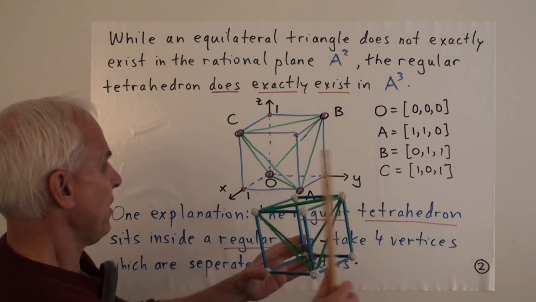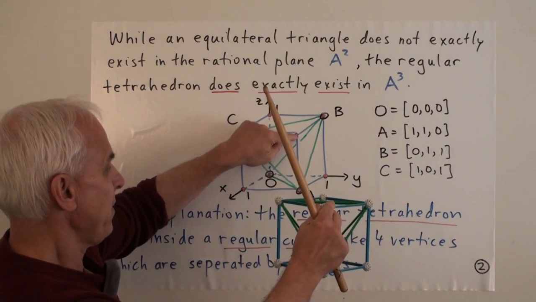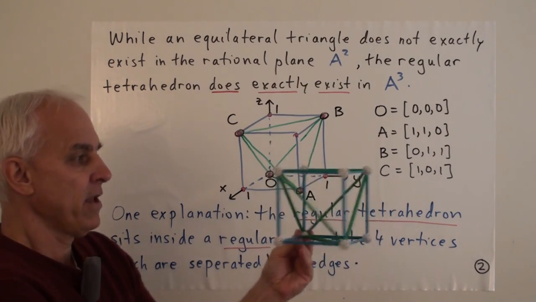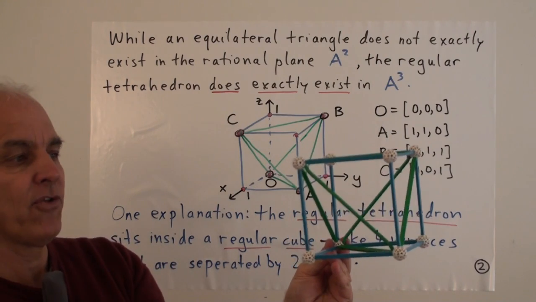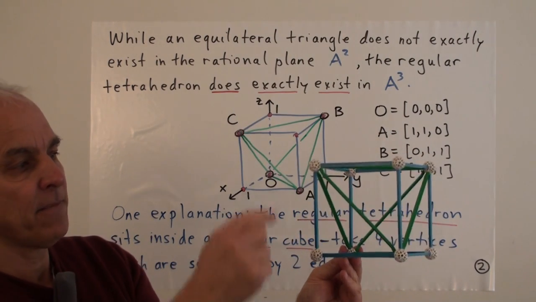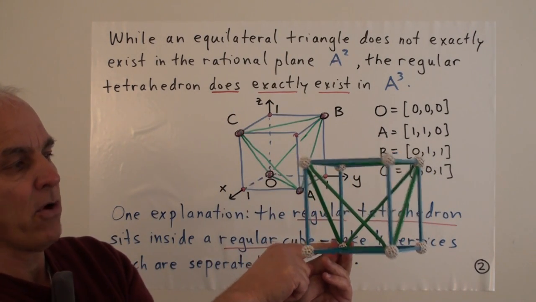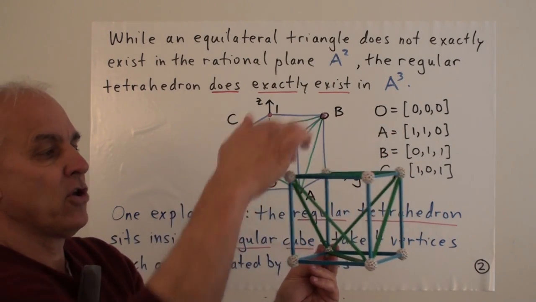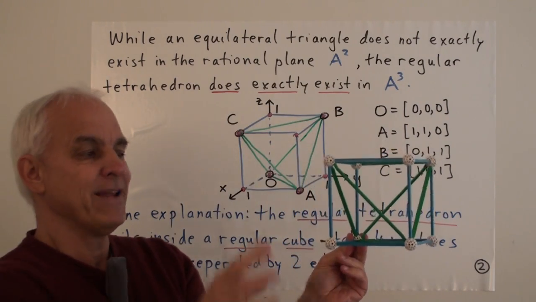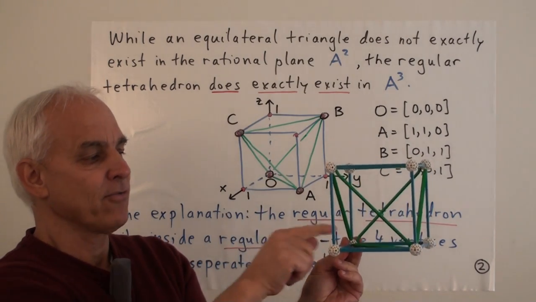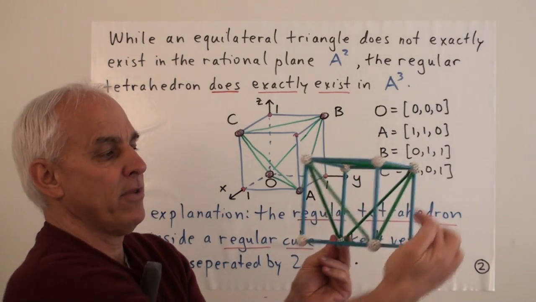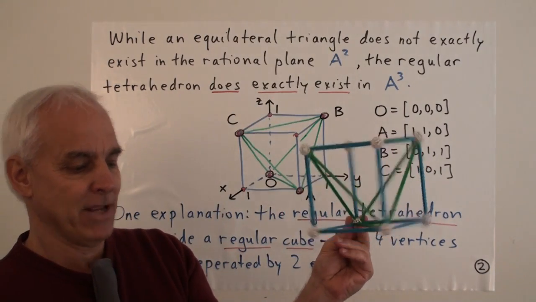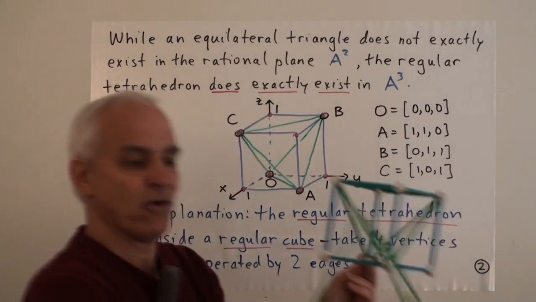There is the top vertex right there, and the vertex O, which is the origin, is the one down here. If you look at this up close, you will see that this vertex, which is the origin, together with these 3 vertices of the cube, form inside them this regular tetrahedron with these 6 green edges. It's the same tetrahedron that we had over here.